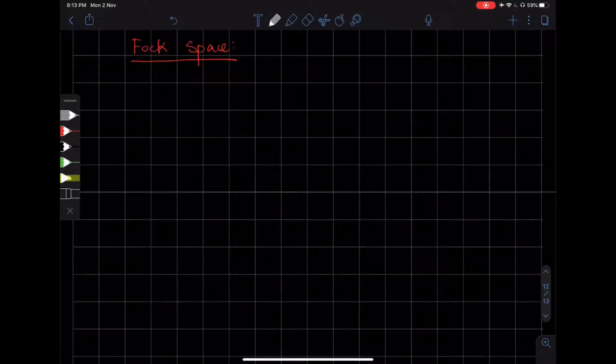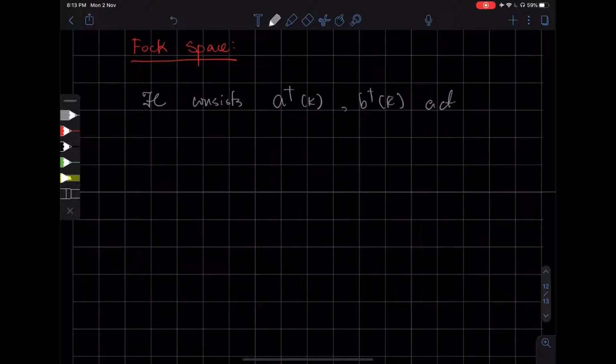So Fock space is the Hilbert space of quantum states spanned by the creation operators A dagger and B dagger if there are complex scalar fields. So Fock space is a Hilbert space, and it consists of A dagger K or B dagger K acting on the vacuum.